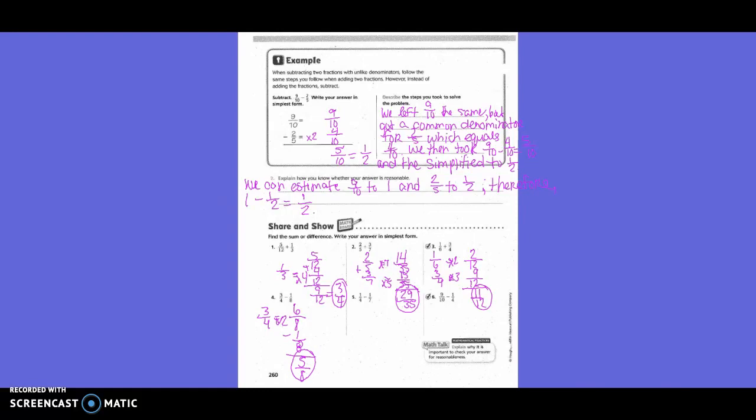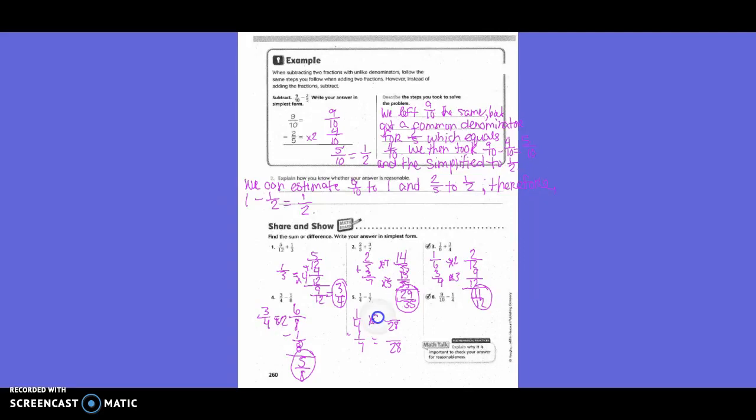1/4 minus 1/7. Do I need to change both or just one? Both. What's going to be my new denominator? 28. So I'm going to have 1/4 minus 1/7. So then I need a new denominator of 28 for both. So how did I get from 4 to 28?